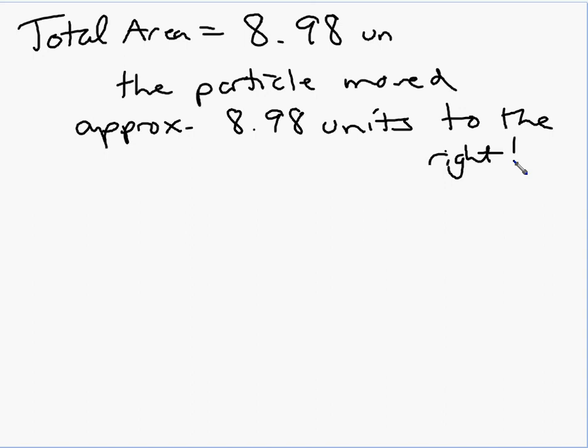Now that method that we just used has a name. The name of the method we used is called the midpoint rectangle approximation method. This is really long, so we're only going to write it once.